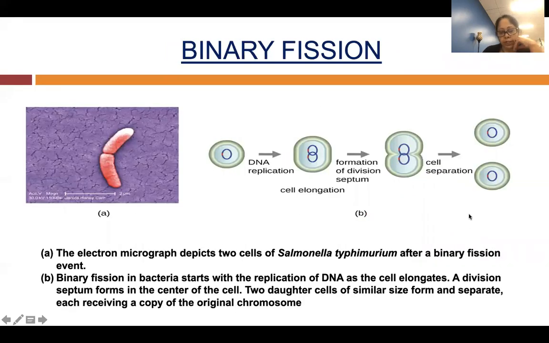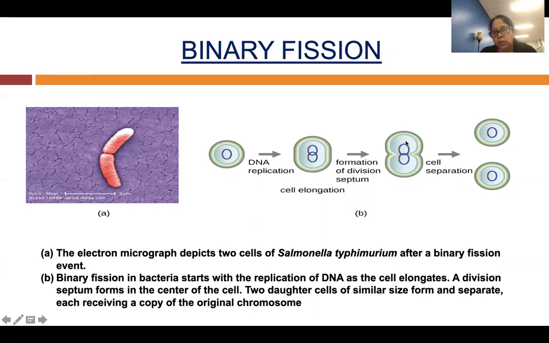So what happens in the process? First, the parent cell grows to a certain level, meaning it stores all the proteins and enzymes needed to divide its DNA or genetic material. Then it divides the genetic material into two. Basically, it replicates its chromosome.